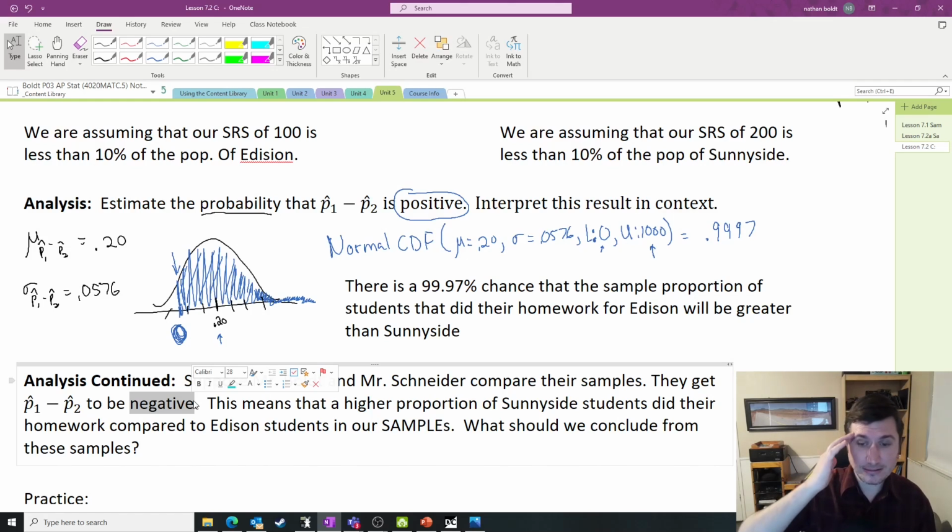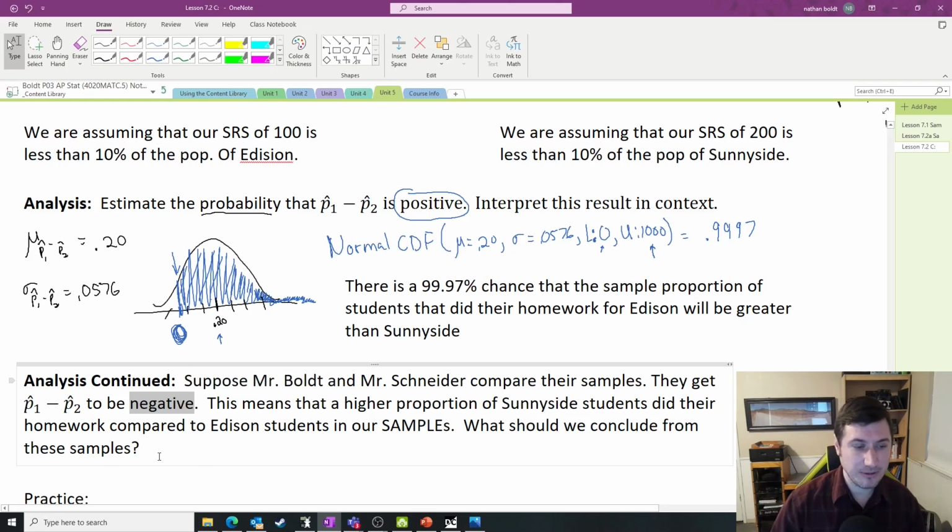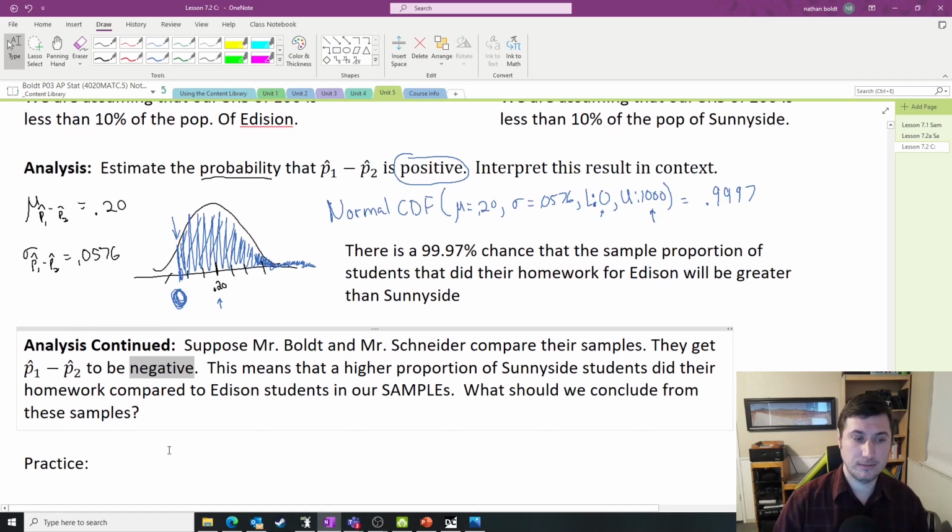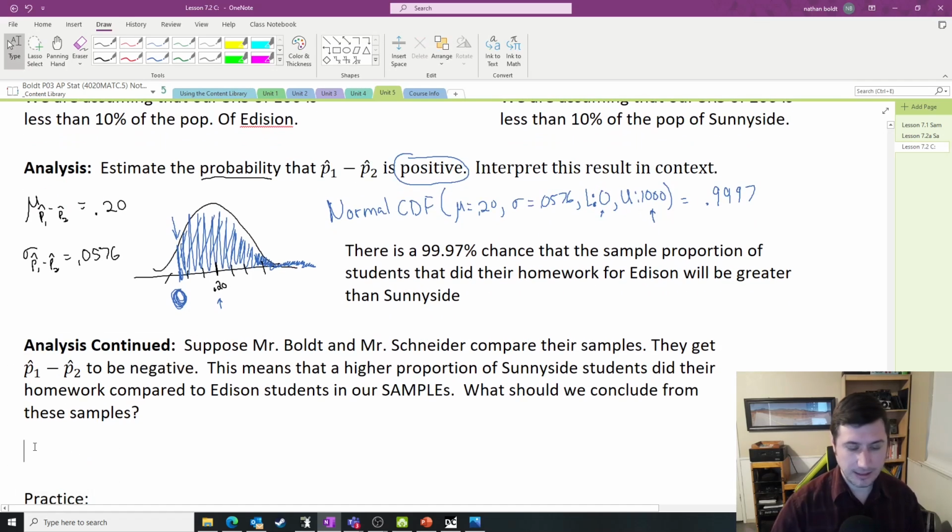This means that the assumed population parameters beforehand were probably wrong. Okay? Let me put that into a sentence here that might help you see that.